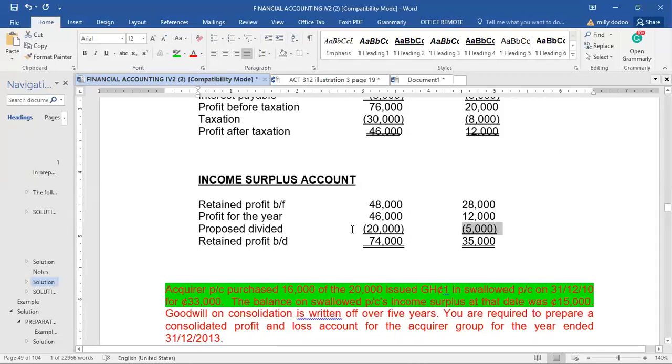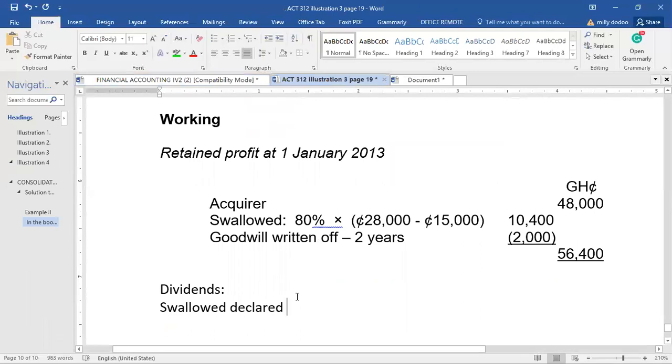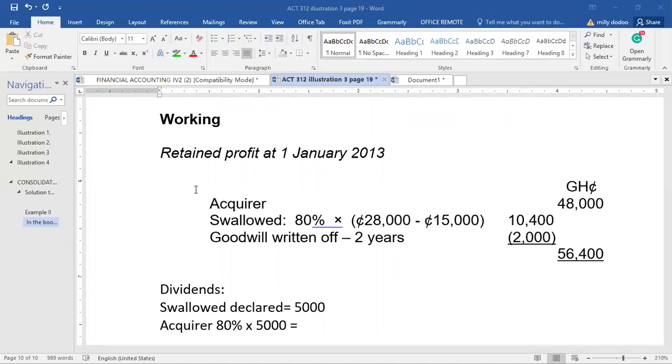And so therefore, acquirer is entitled to 80% of this 5,000 Ghana cedis.